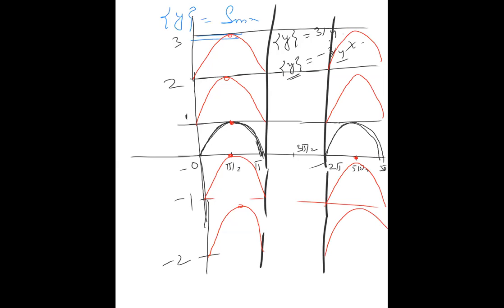Fraction part y is equal to 3/4. So what could be the values of y? What are the possible values of y? y is equal to I plus 3/4. Right?